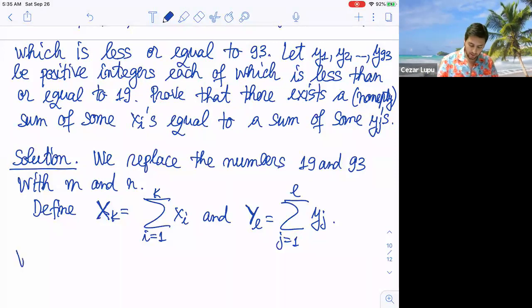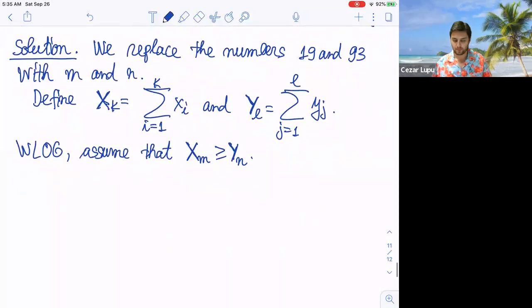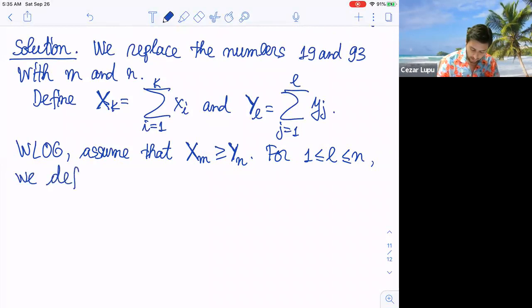Now, without loss of generality, we assume that xm is greater or equal than yn. Okay. So we assume this. And now for L between 1 and n, we define f of L, this index, in the following way.